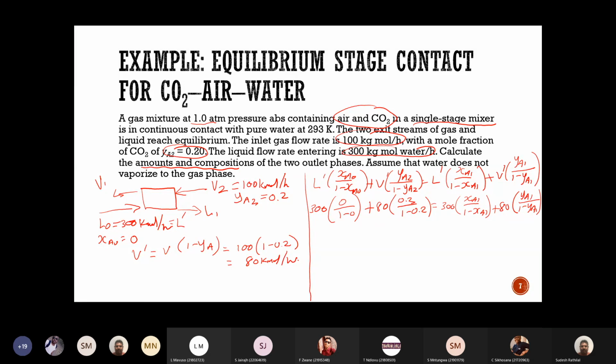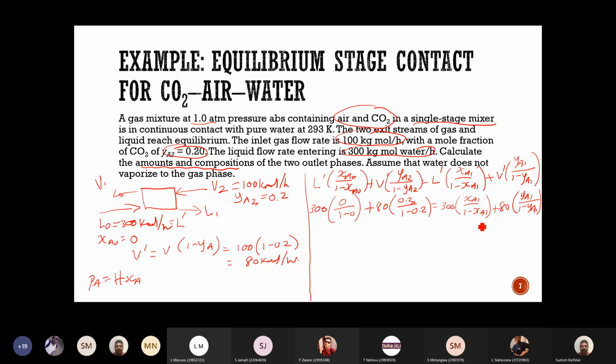Okay, so what is Henry's law? Let me write it on this side. Henry's law is PA equal to H XA. Okay, but we don't want it in terms of PA, because in my equation on the side, we've got XA and YA. So I want the equation in terms of XA and YA.